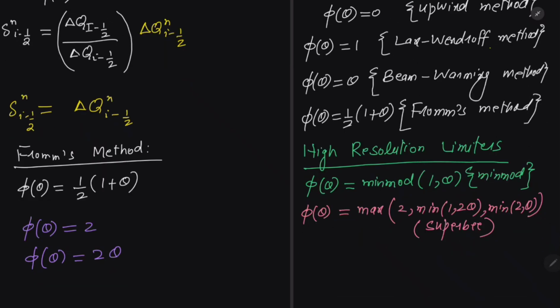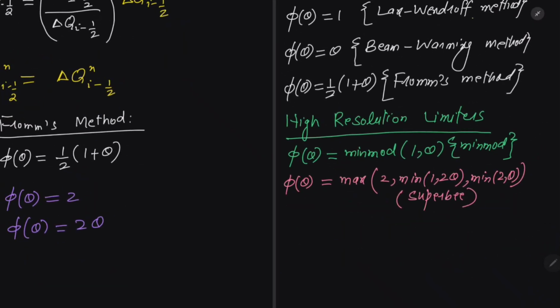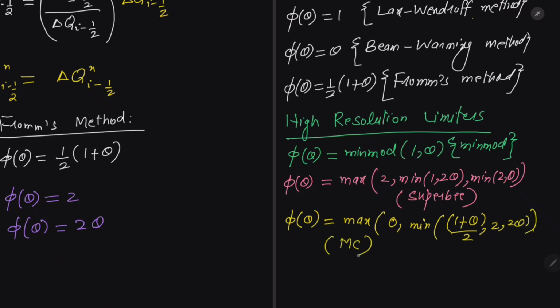Superbee limiter. Suppose we have phi of theta equal to max of 0, and the minimum of 1 plus theta divided by 2 and 2 comma 2 theta, then this is called the MC limiter.